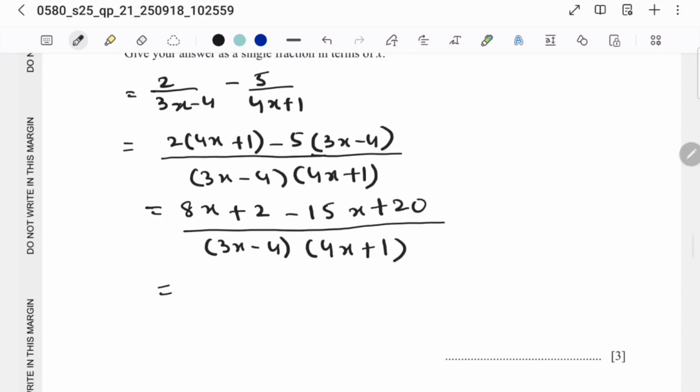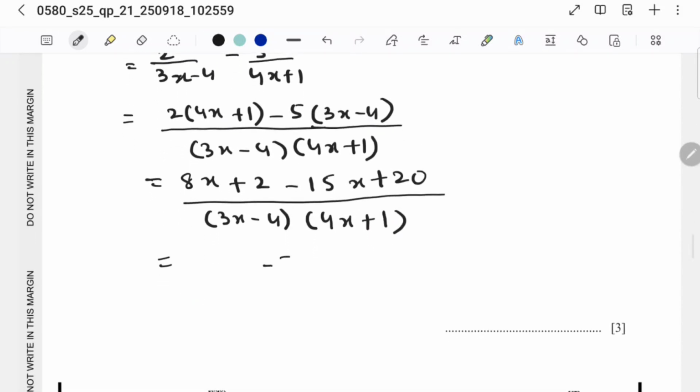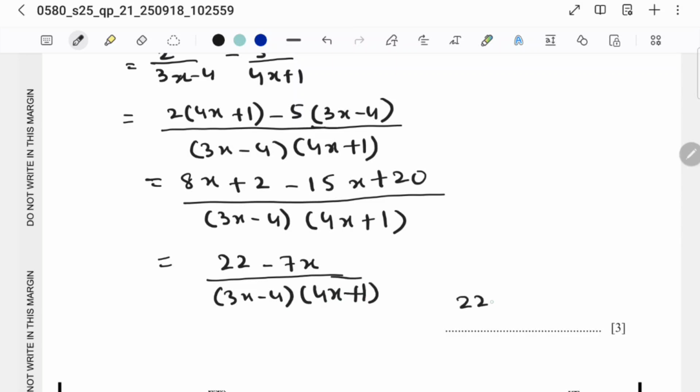Now we are having 8x and 15x, subtract, minus 7x. And then you have 2 and 20 adding together 22, and 3x minus 4 and 4x plus 1. Write down, this is your answer. We cannot simplify more. 22 minus 7x upon 3x minus 4 and 4x plus 1.